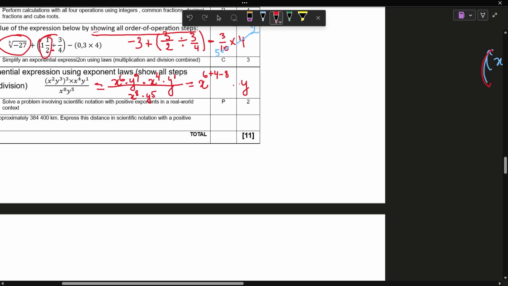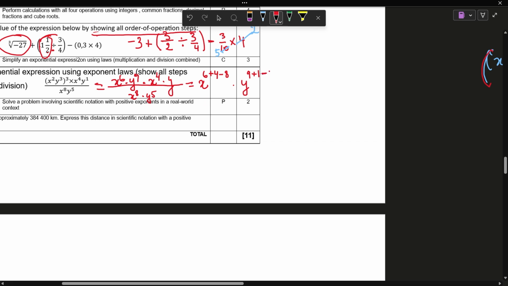Then y, we've got y, the exponent. So the first exponent here is 9. We take it as it is. The next exponent is 1. Even if it was not written there, we know it's 1. So if we take the exponent here, it's plus 1. And below we have 5.